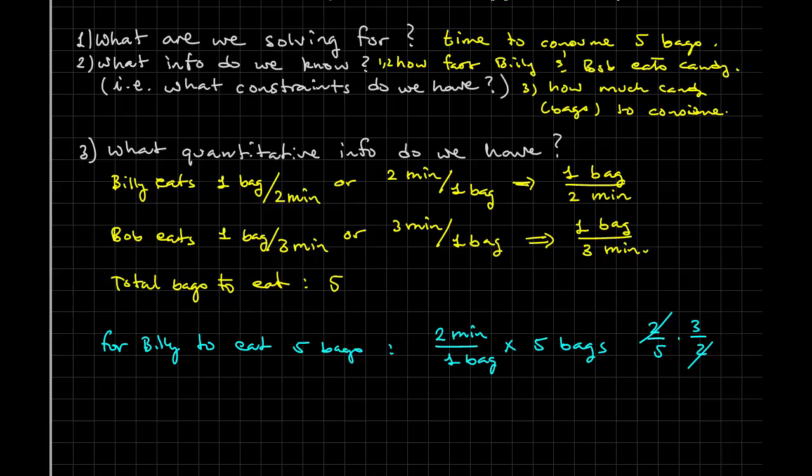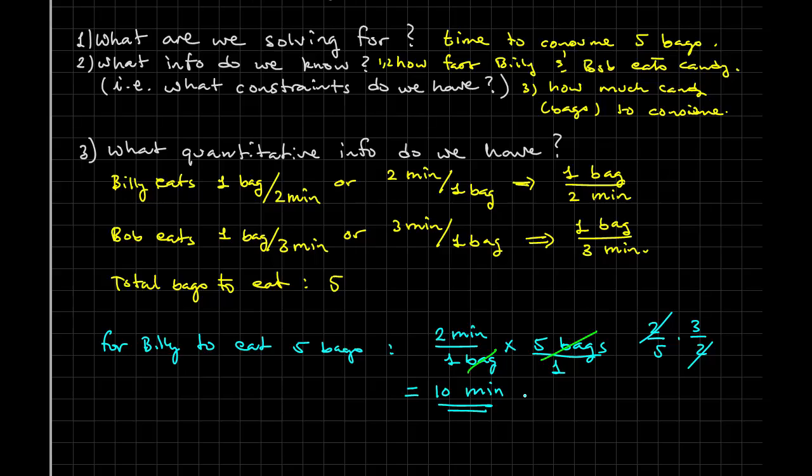I could really rewrite 5 bags as 5 bags over 1, right? It doesn't have any units to it. And I could then say, I'm going to cross bags out and cross bags out. And so not only do I have a result of 2 times 5, which is 10, but I also have the units that go with it. 10 what? 10 bags? No, it's 10 minutes. It's actually 10 minutes per bag times bags, which is 10 minutes.